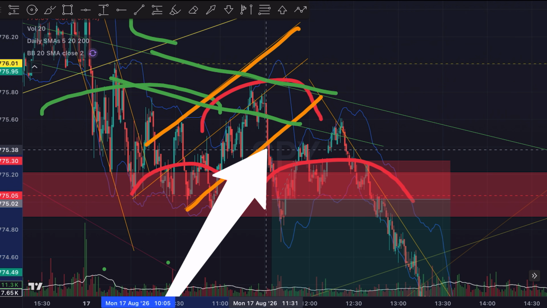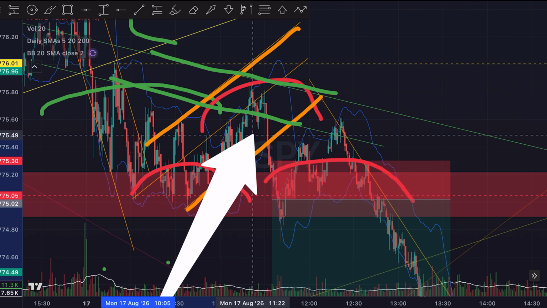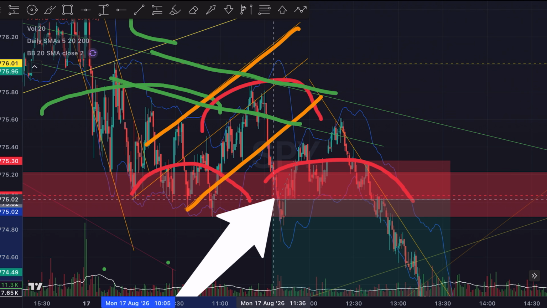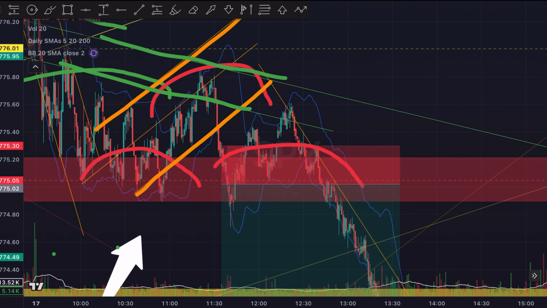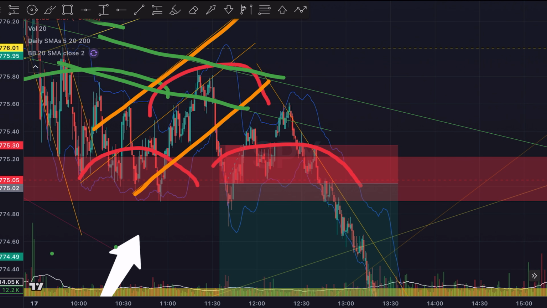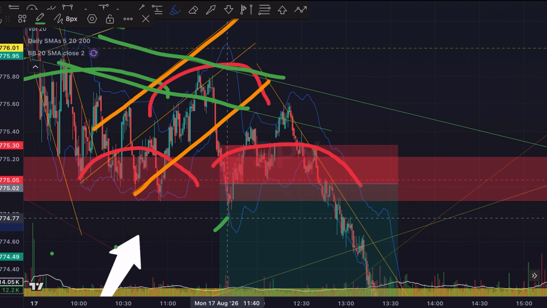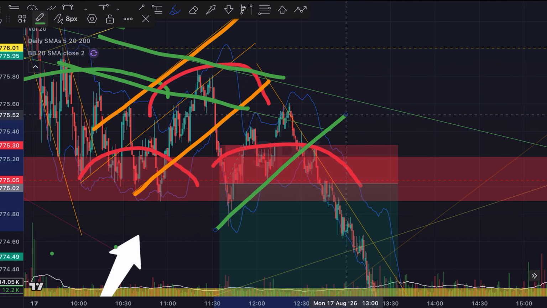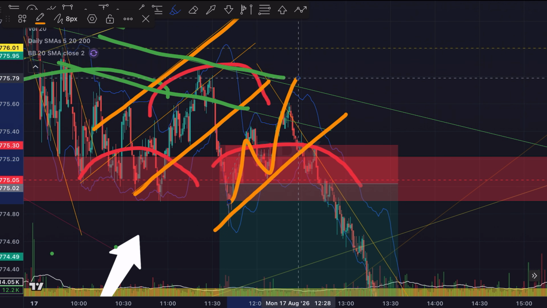Once we see we got a breakout of our buying channel and we hit 775, that's when we want to start paying attention. That's when we want to come up to the charts, we get alerted and we say, okay, what's going on? Let's pay attention, right? So once we start paying attention, we can see this structure that started to play out is when the bulls started to buy up again, right? They bought up in this orange buying channel again.